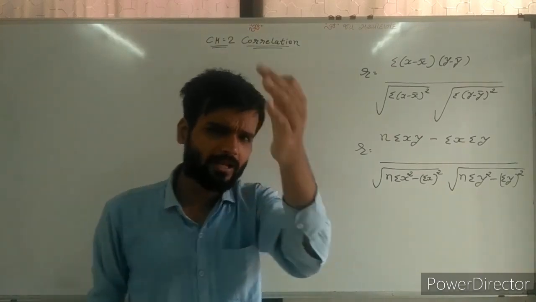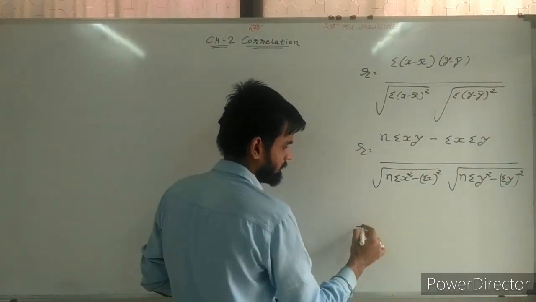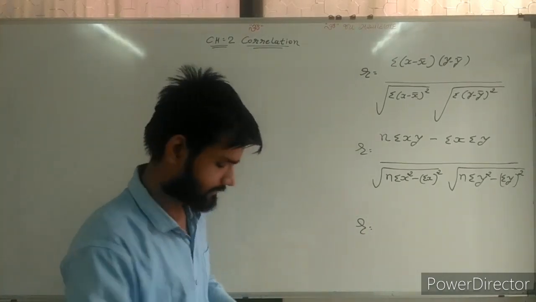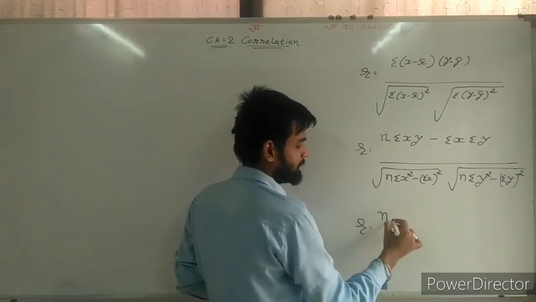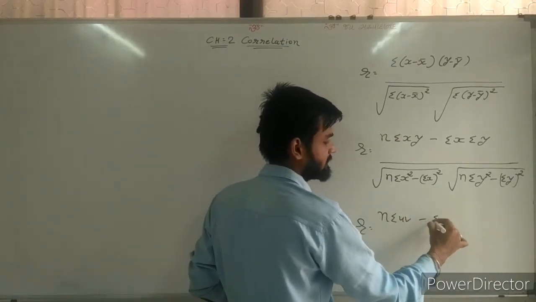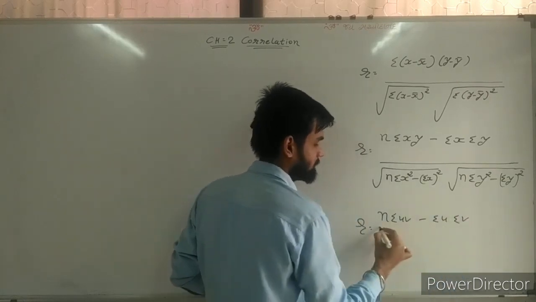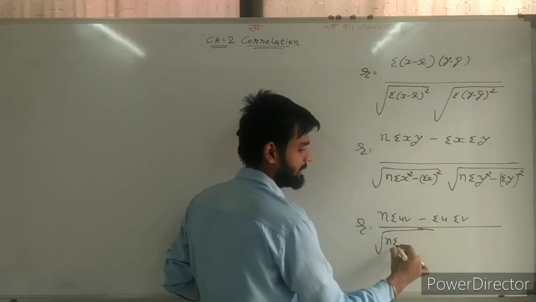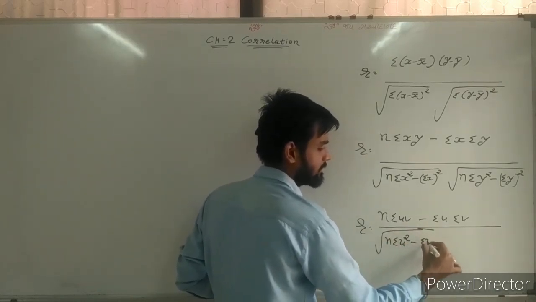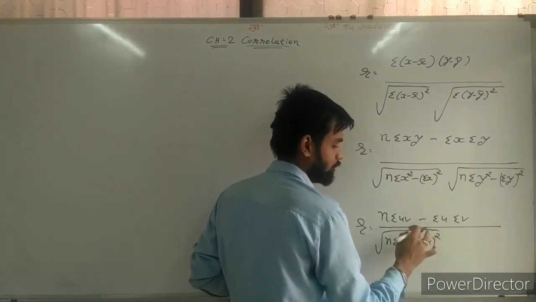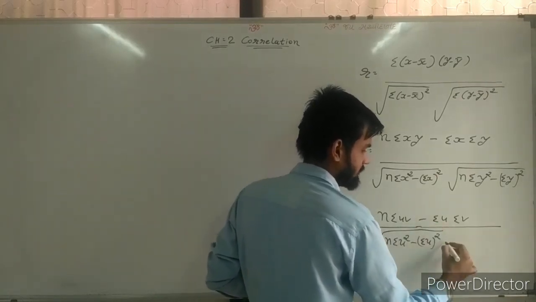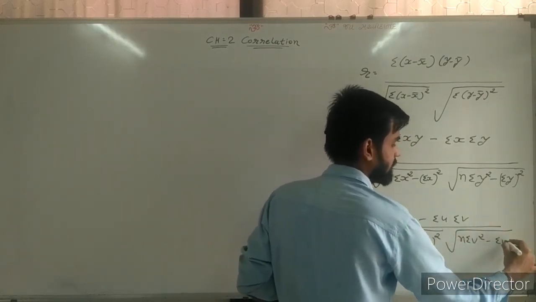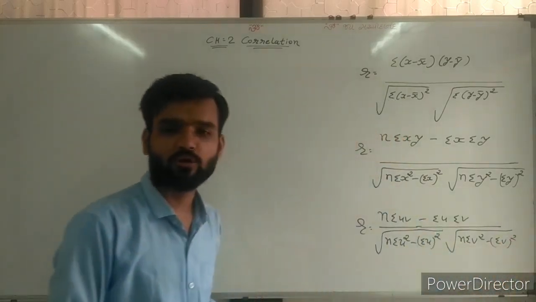And third, the main important formula, which can be used in every type of sum: n sigma uv minus sigma u sigma v, divided by root of n sigma u square minus (sigma u) whole square, second under root n sigma v square minus (sigma v) whole square.